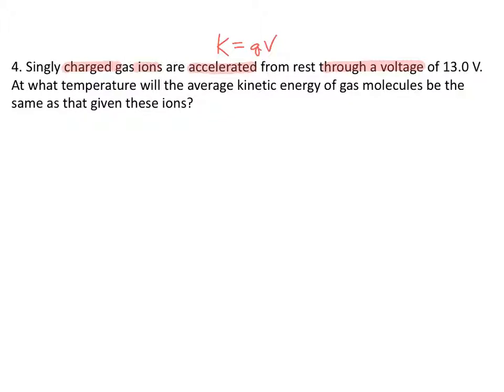All right? The energy, work done, etc., is QV. Charge times voltage, the potential difference. Not to be confused with the little v in speed. What temperature will the average kinetic energy of gas molecules be the same as that given these ions?